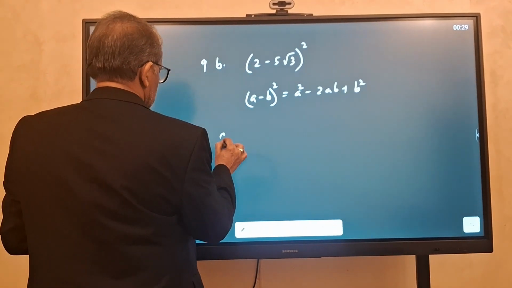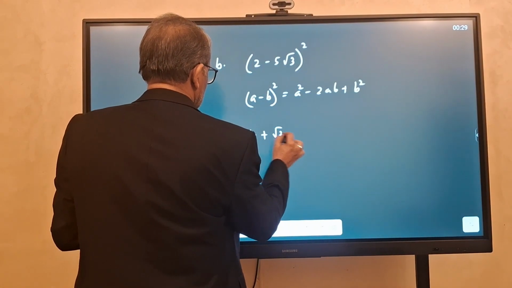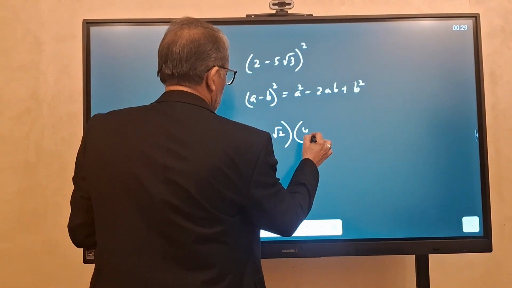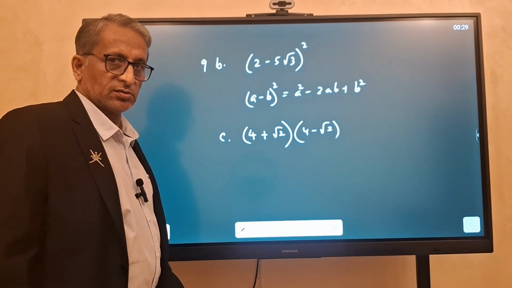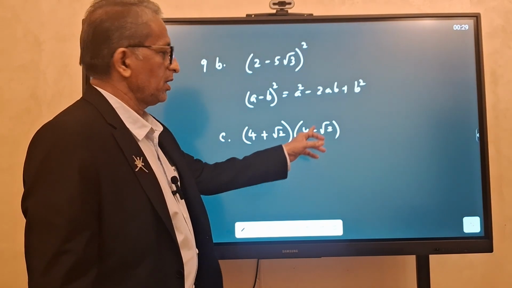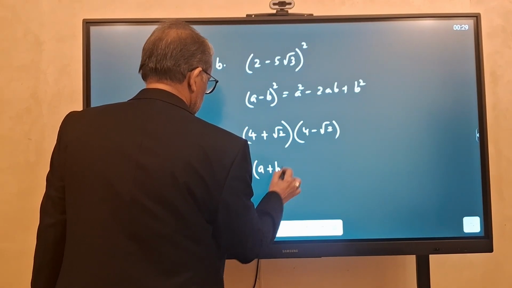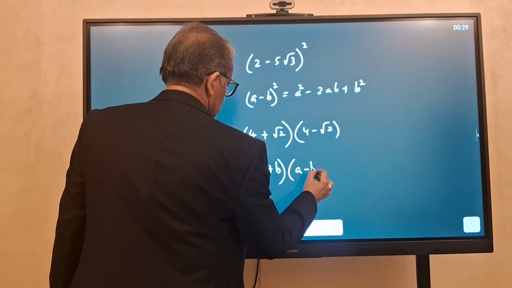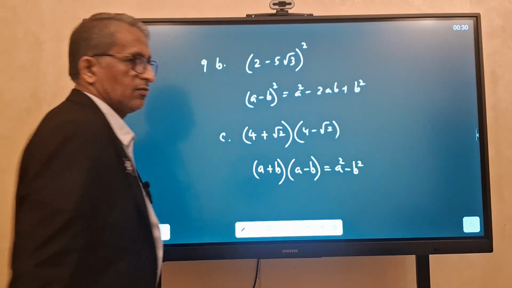Coming to the last: 4 plus root 2 times 4 minus root 2. This is different. We have A plus B, A minus B, and the answer is A square minus B square.